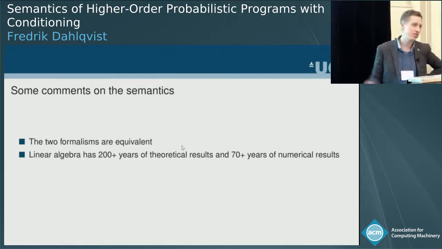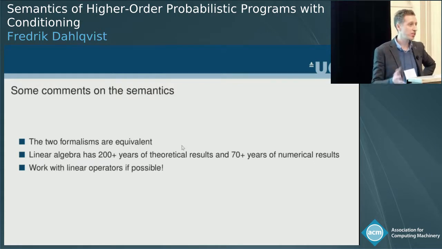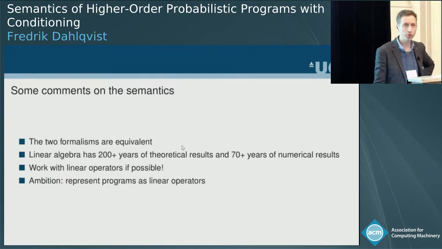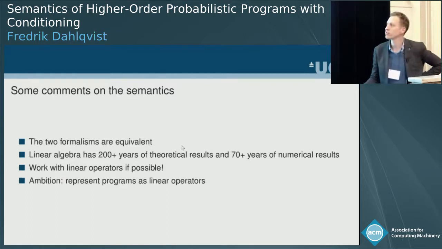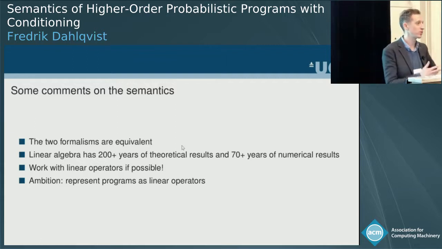And there's also 70 years at least of implementation. So the ambition is, let's try to work with linear operators or matrices in finite dimension, if possible. And so the ambition of this work is very much to work with linear operators. And this is what Dexter did in his 81 paper as well.